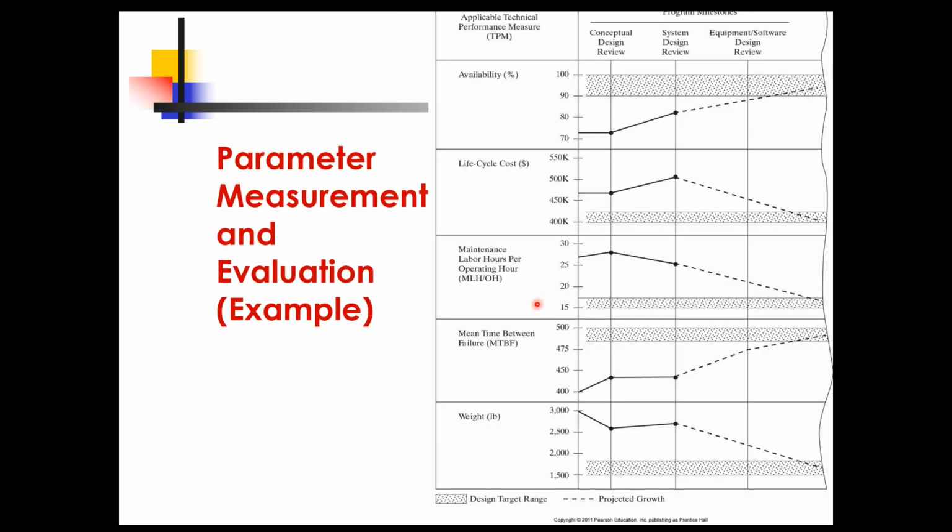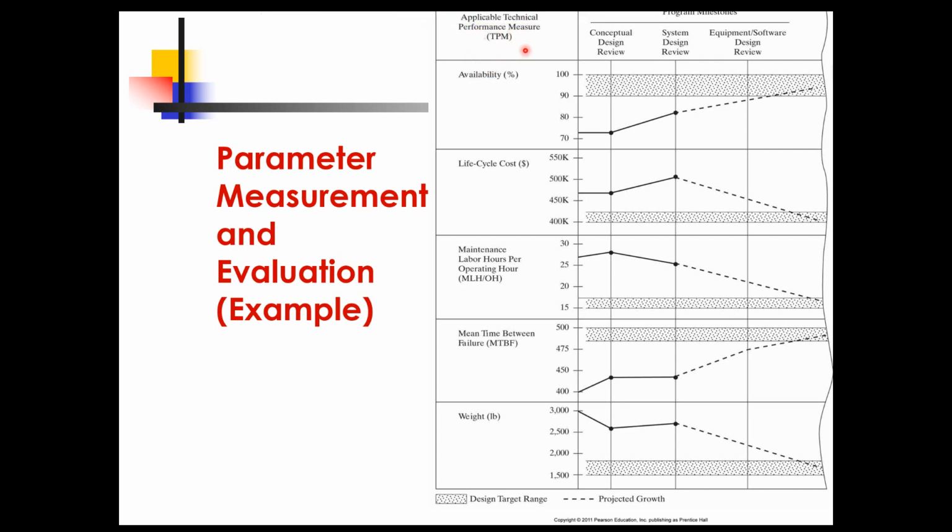And here's another tool, which is the parameter measurement and evaluation tracking mechanism. I do want to explain this one for a bit, because it's very useful and you can track and use it. Here you have technical performance measures. We talked about that back in chapter 3.